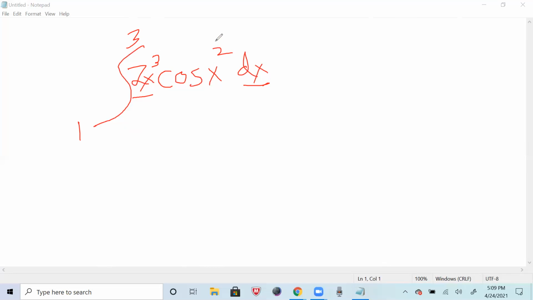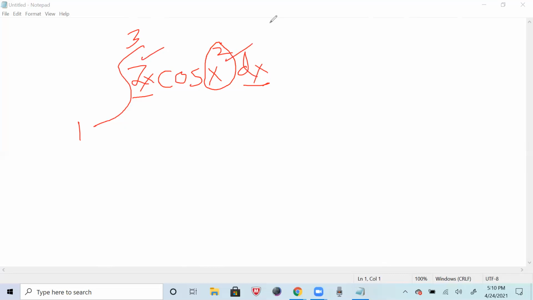In other words, whatever the derivative of that is, has to be the same level of exponent as this. Doesn't have to be exactly 2x. I could make that 3x and I could still use U-substitution. But this has to be the same degree as the derivative of that.